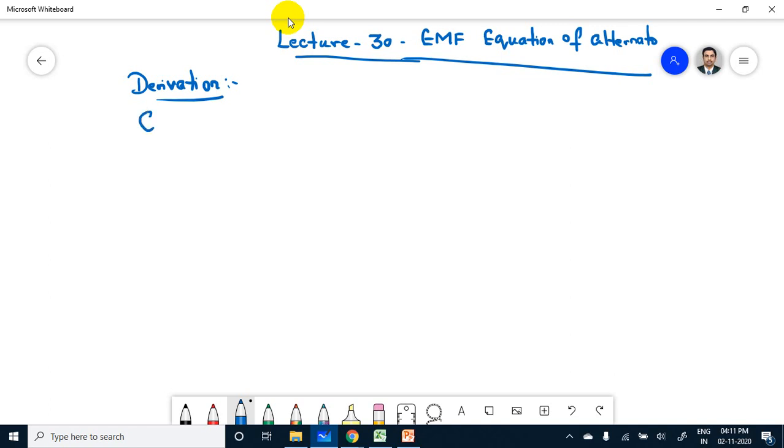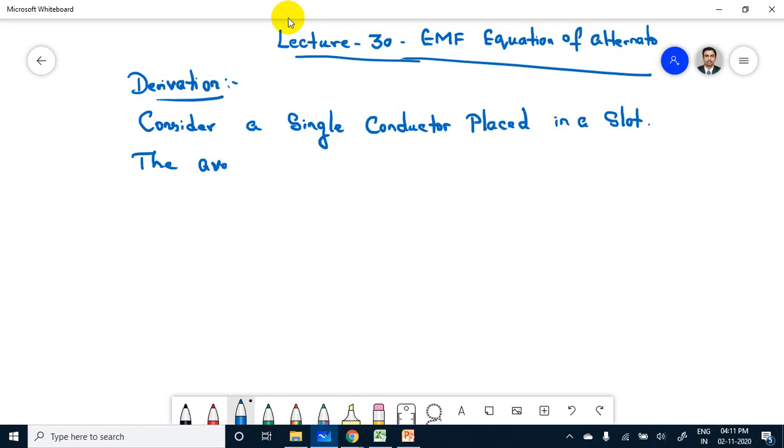Consider a single conductor placed in a slot.